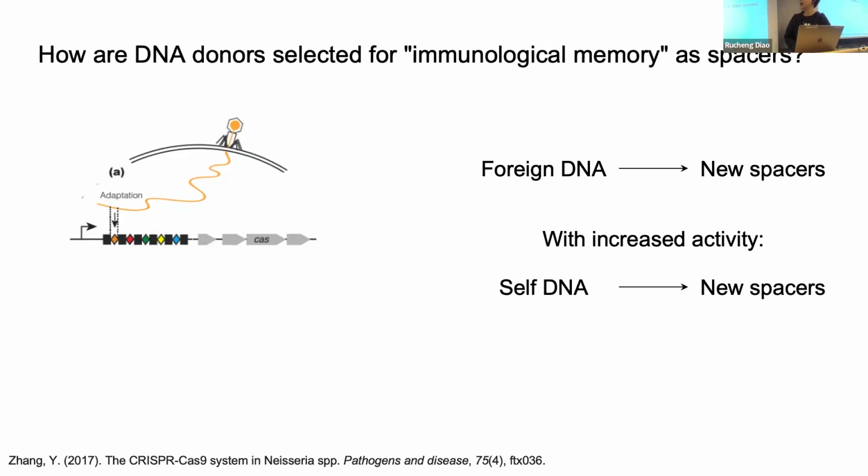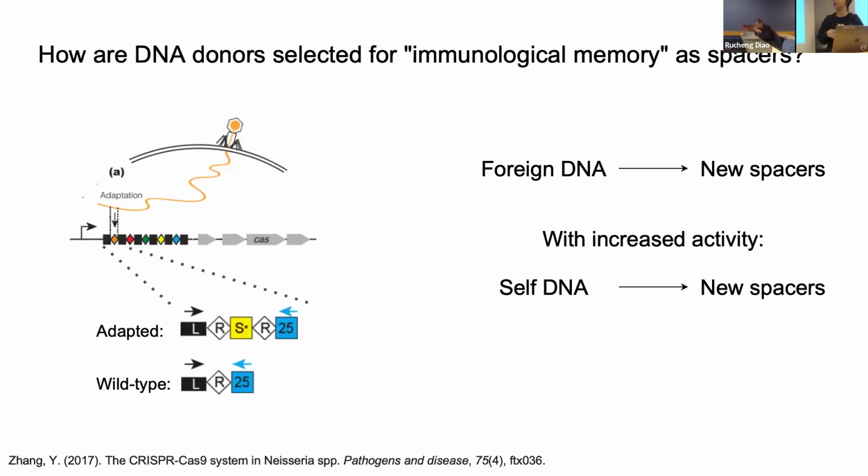So we are more interested in the adaptation process, and we want to know how DNA donors are selected for the immunological memory. What criteria make the DNA more susceptible to be recognized by the CRISPR-Cas system?